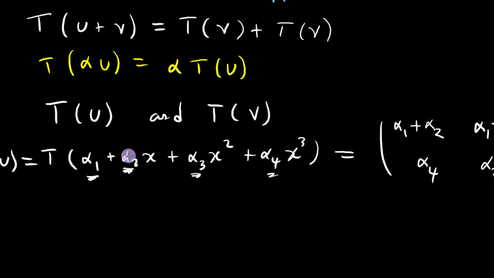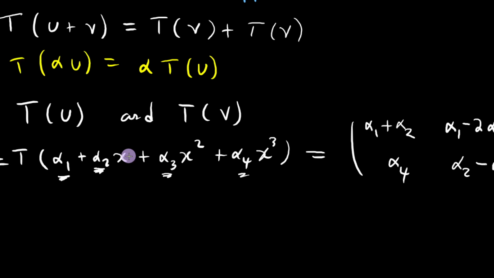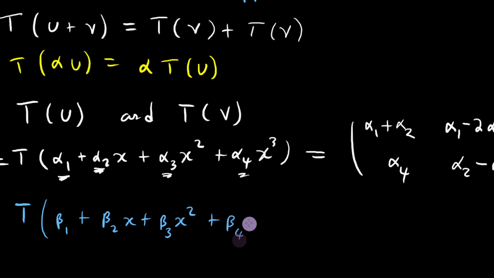Now we need to find the transformation of v as well. What is the transformation of v? For the transformation of v, we take the vector v, which is beta 1 plus beta 2 x plus beta 3 x to the power 2 plus beta 4 x to the power 3.